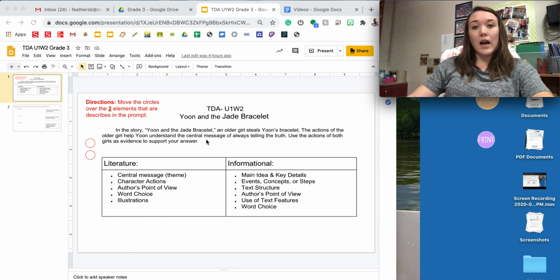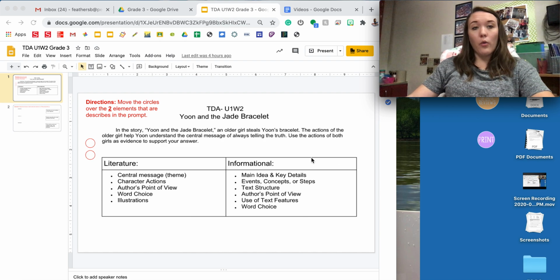And we always have 2 elements that we're looking for. When we begin to write, you are analyzing or connecting and showing the relationship between those 2 elements. And your last sentence is always pretty much the same, and it's just reminding you to use evidence when you are answering the question.